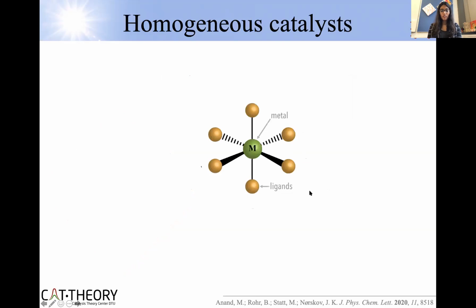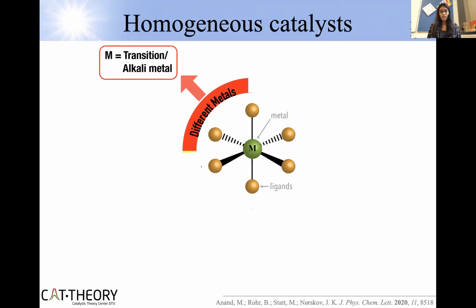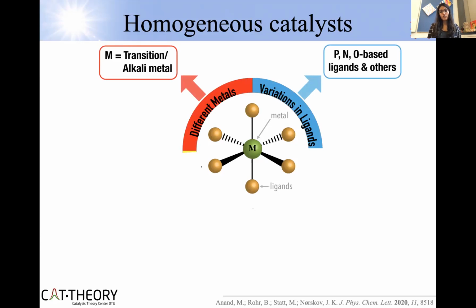So similar to heterogeneous catalysis, where we have different oxides, different metal atoms, kinks, terraces, nanoclusters, similarly, there are variations in homogeneous catalysis as well. You can have variations in terms of different metals or the organic groups around the metal. It can be phosphorus, nitrogen, or oxygen-based ligands.